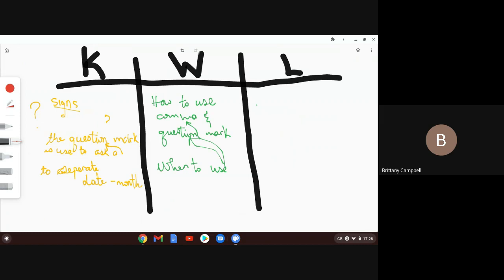All right, Akil, you're saying the comma is complex. All right, yes. So it can be complex to use, yes.